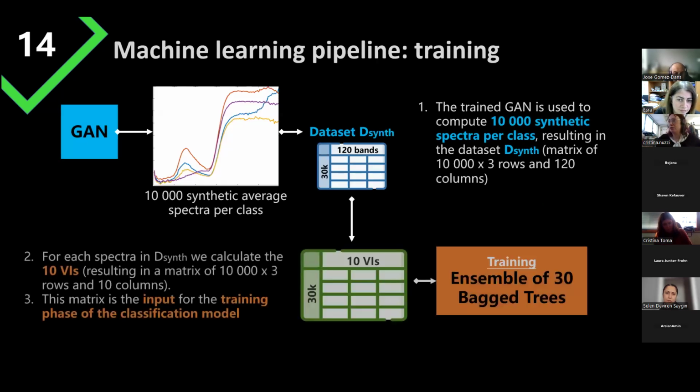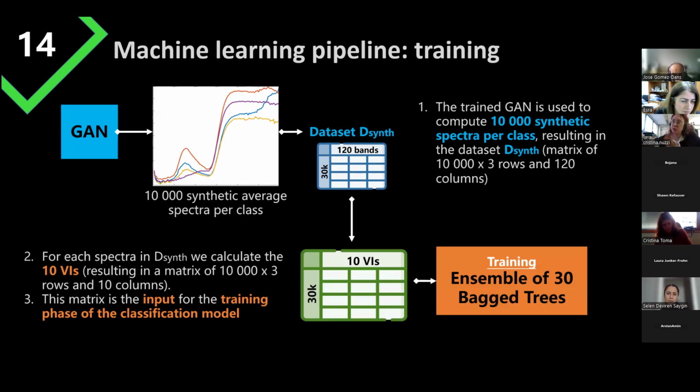After training the GAN, we used it to generate 10,000 synthetic average spectra per class, for a total of 30,000. Then we used those synthetic spectra to populate a new synthetic dataset, a new blue matrix, from which we extracted the vegetation indexes.